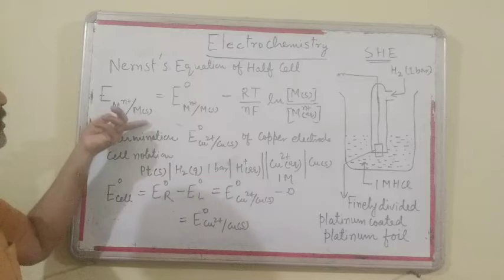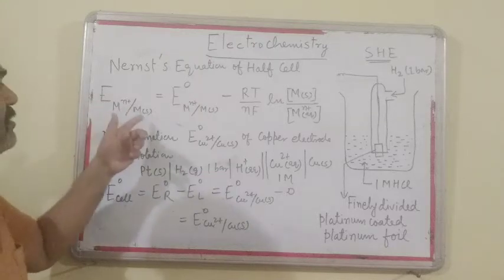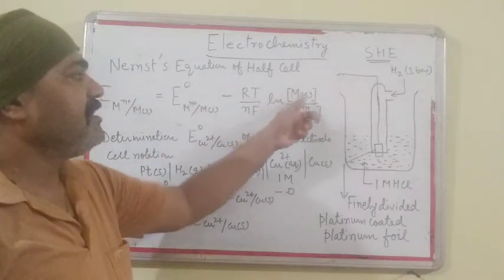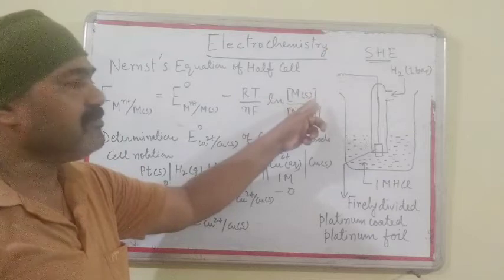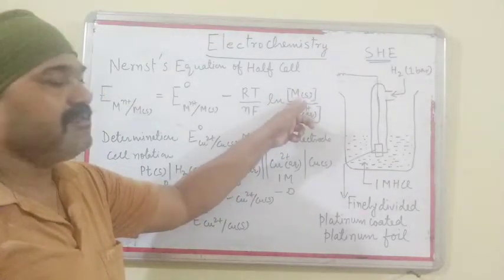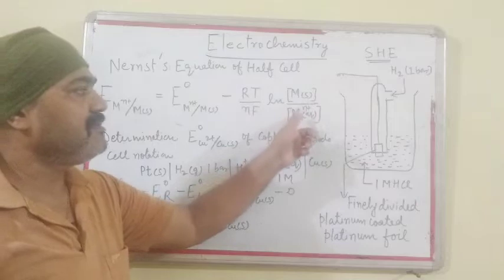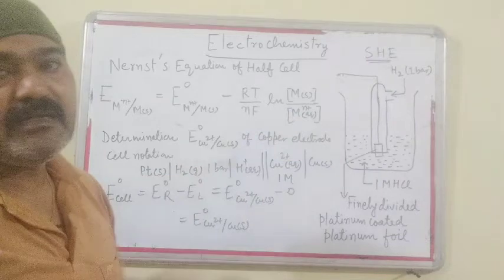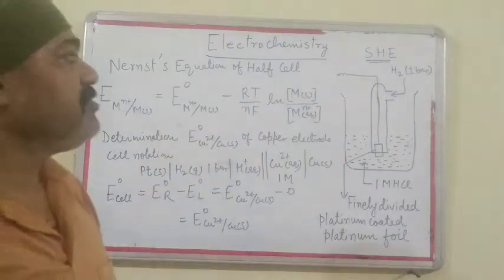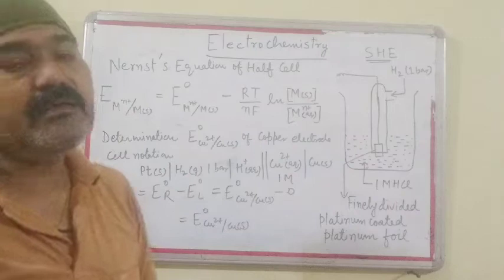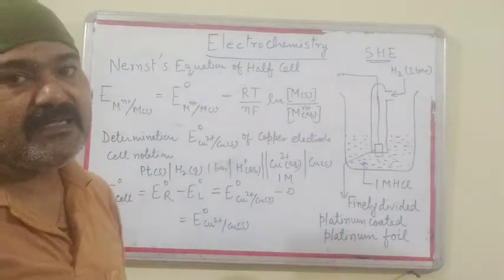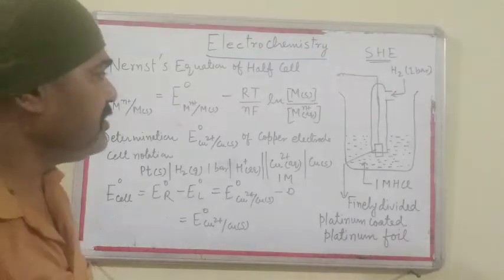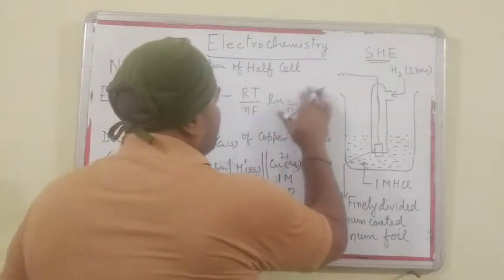It is like this: E of M^n+/M equals E0 minus RT upon nF times ln of [M] the molar concentration of the metal in solid state, divided by [M^n+] the molar concentration of the metal ion in aqueous state. And we know very well that the concentration of the solid state can be taken as unity. So this formula becomes like this.